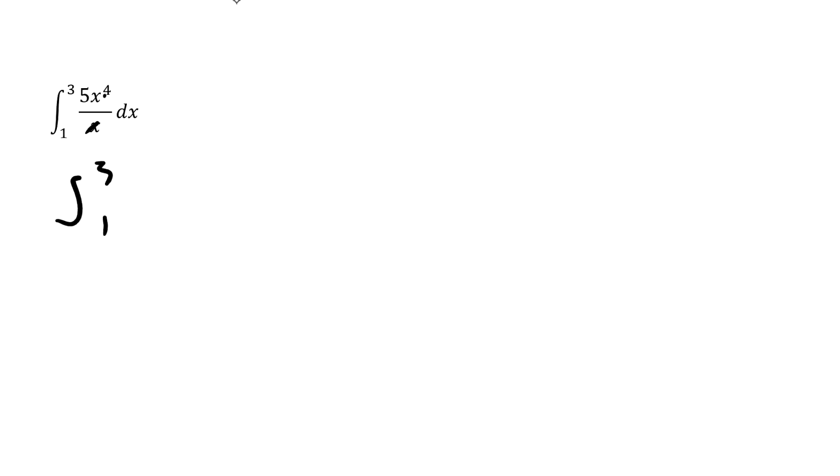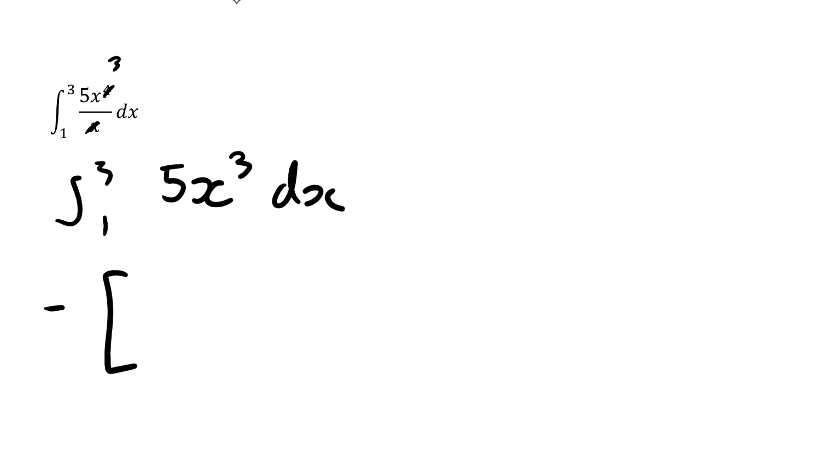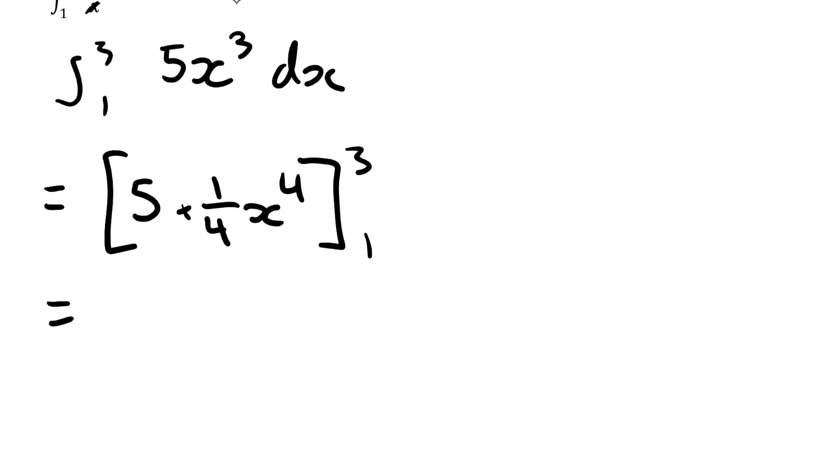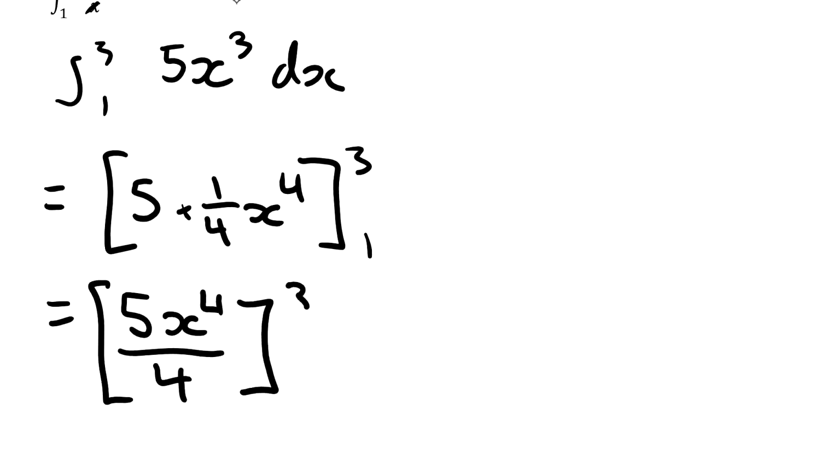One of the x's cancel here, and I'm left with 3 dx, and now I can find the antiderivative. So I get 5 remains out the front. The new power becomes a 4, so 1 over 4 x to the power of 4, and then we get 3, 1. So we can simplify this down now. We get 5x to the power of 4 over 4, from 1 to 3.